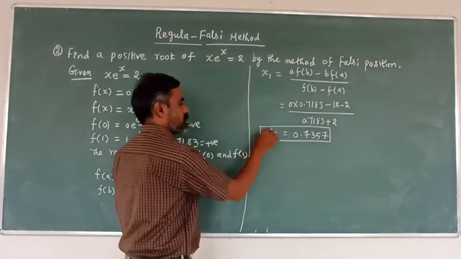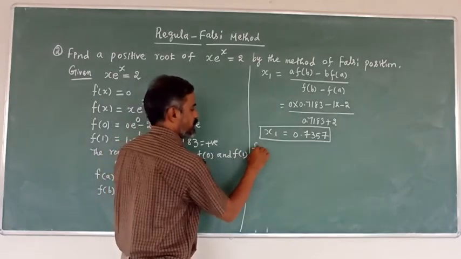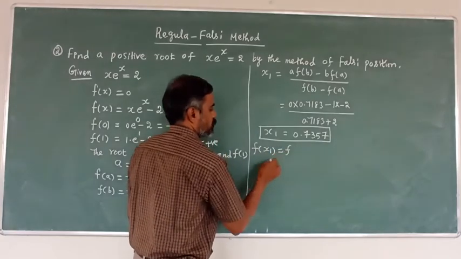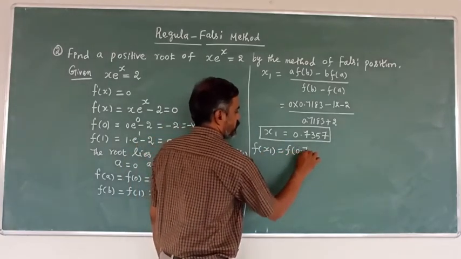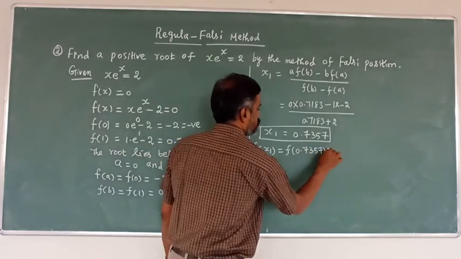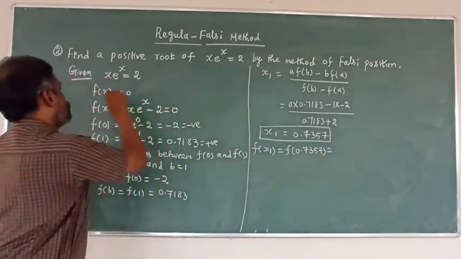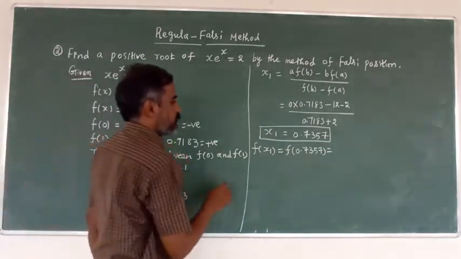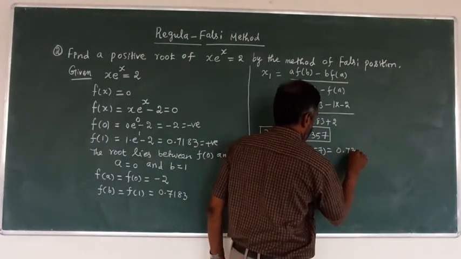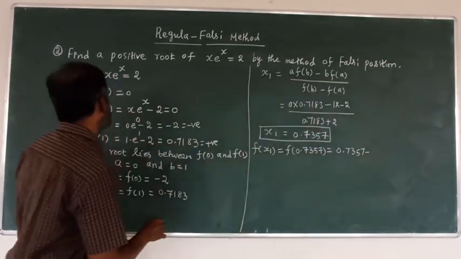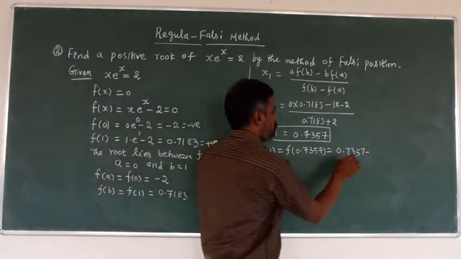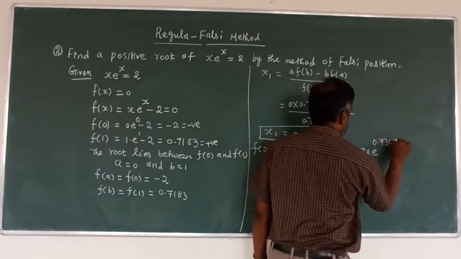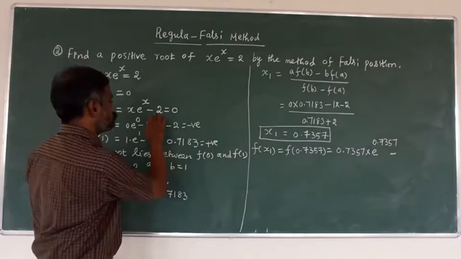This is the x1 value, 0.7357. Now substitute it in f(x). f(x1) equals x1 e^x1 - 2, with x value 0.7357, minus 2.